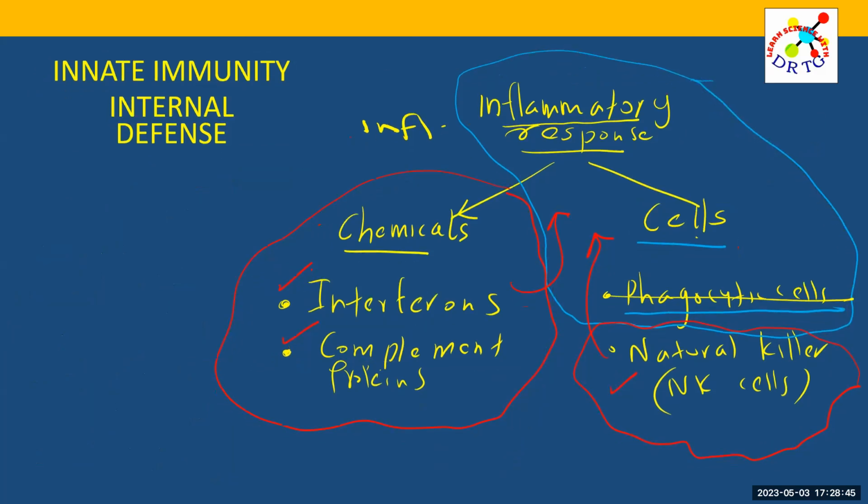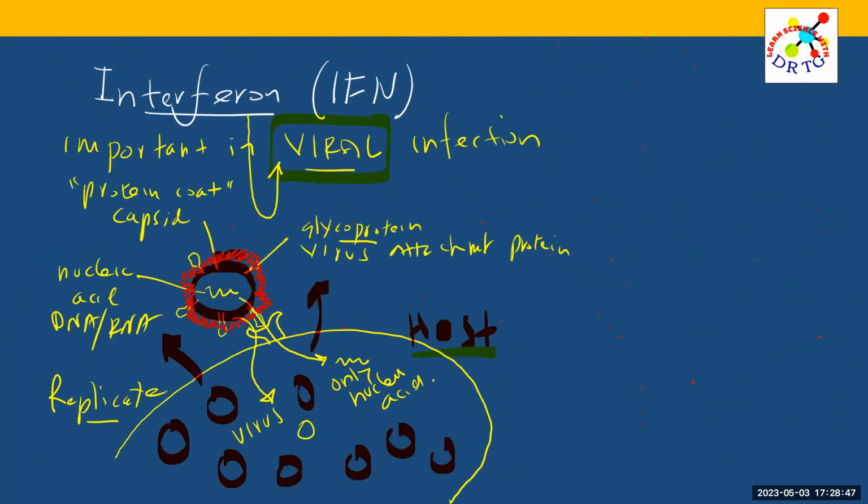Now in this case, viral infection, they are inside. So the only way is to get the virus out of the cells. It happens in two ways.